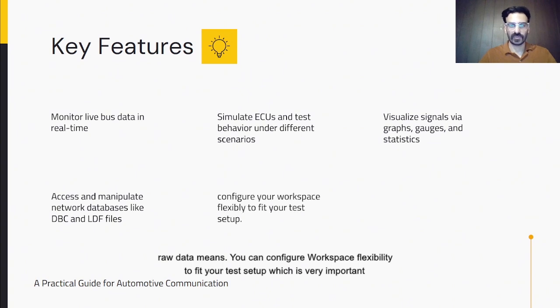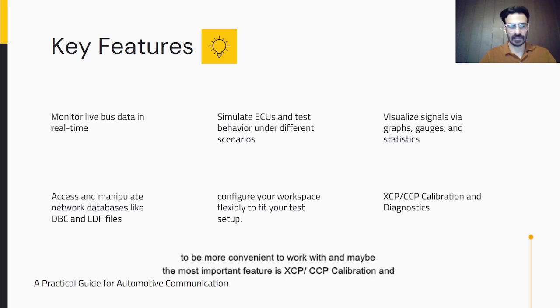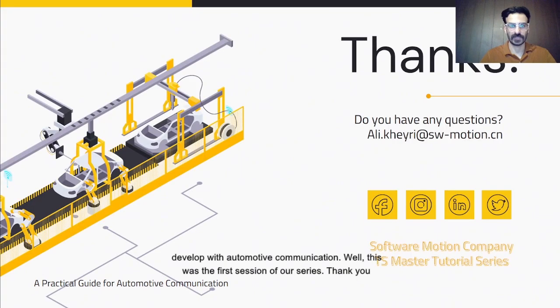You can configure your workspace selector to fit your test setup, which is very important to be more convenient to work with. And maybe the most important feature, XCP, is a calibration and diagnostic tool, which is very important for debugging and for testing the module that you're developing with automotive communication.